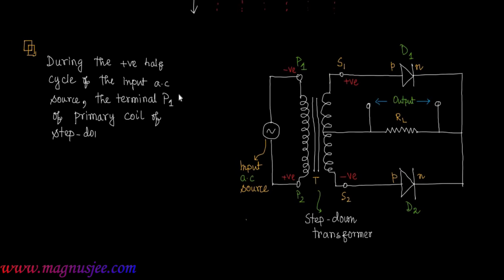It should be a step down transformer, that's why the number of turns in the primary coil is greater than the number of turns in the secondary coil.